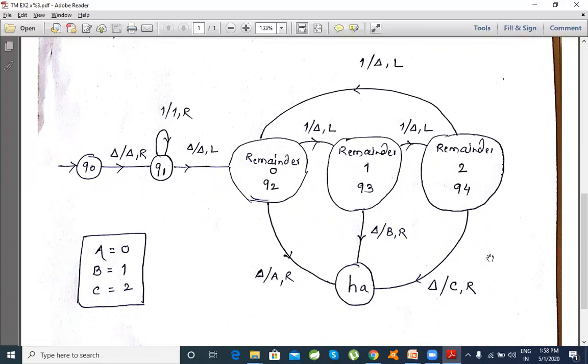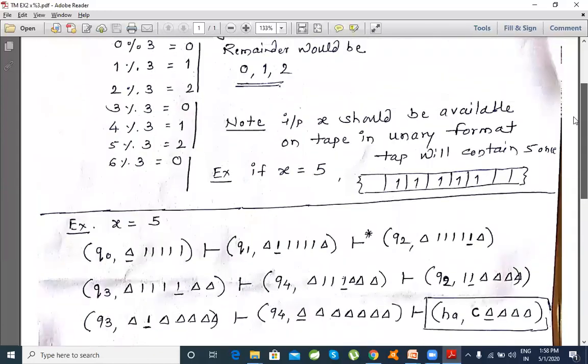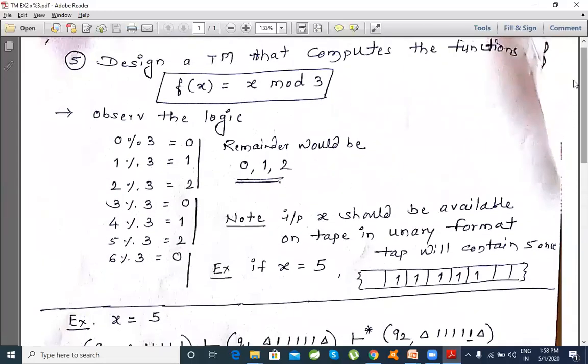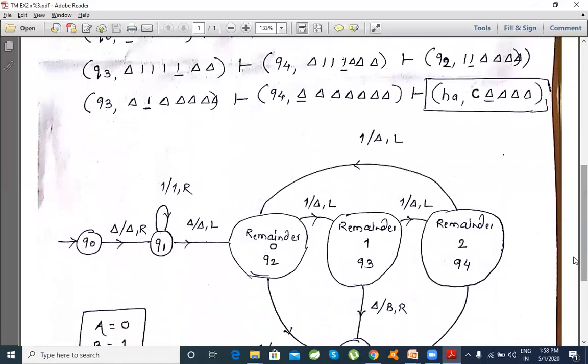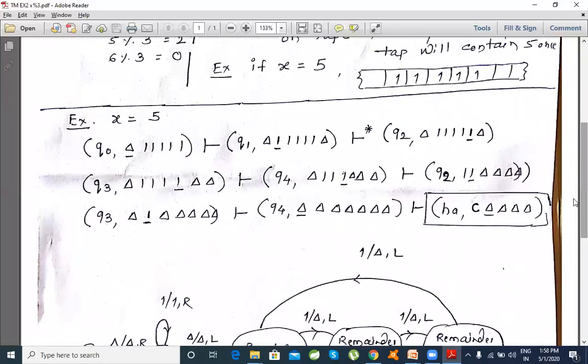So this is the process by which, for a particular input X, if we try to mod it with 3, the machine computes this with this state chart diagram, which is nothing but the moves of your machine. Is it specified?